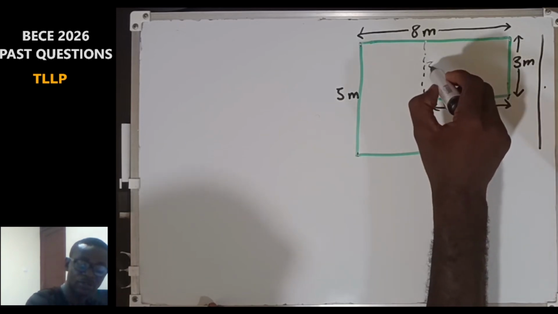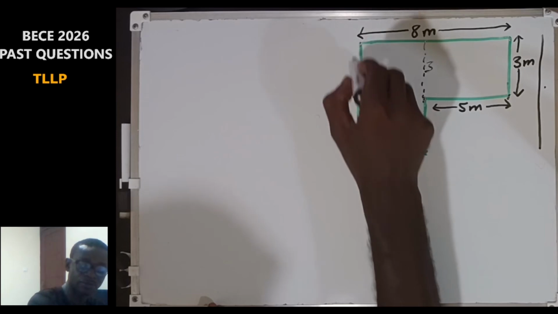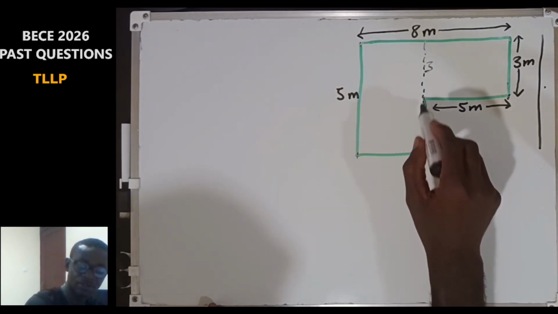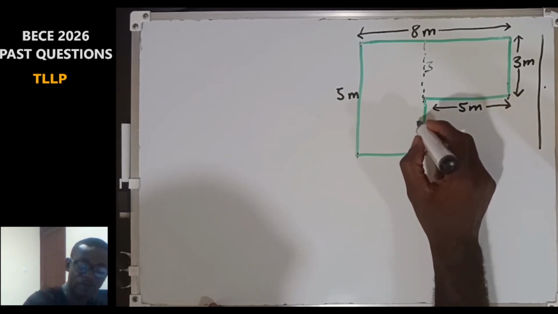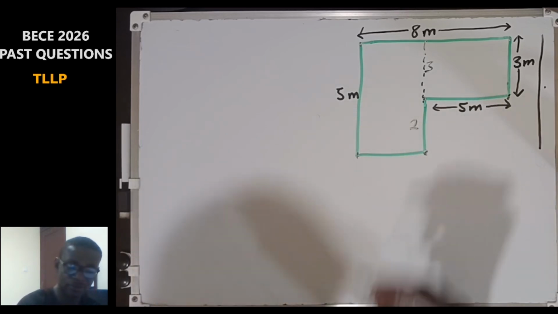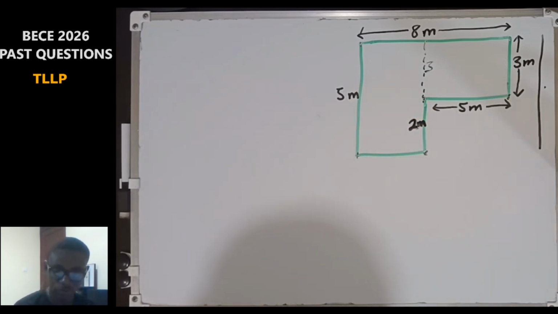So it means here is 3, that is from here to here is 3. But this to here is 5. So if I want just this part, it has to be 5 minus 3. And 5 minus 3 is 2. So it means this side is 2 meters.